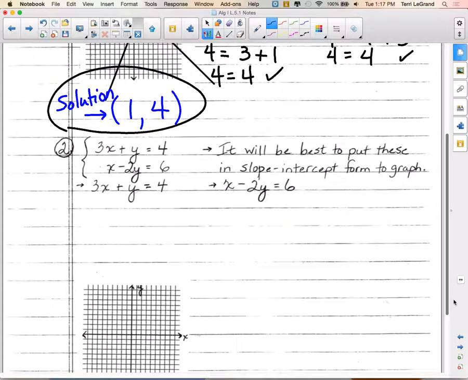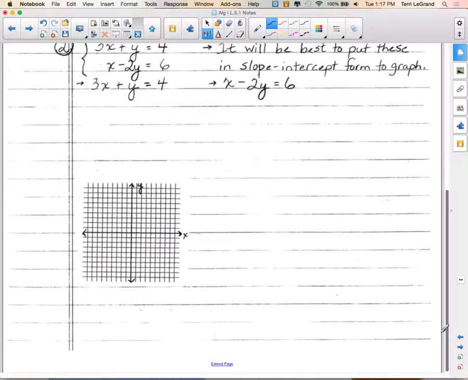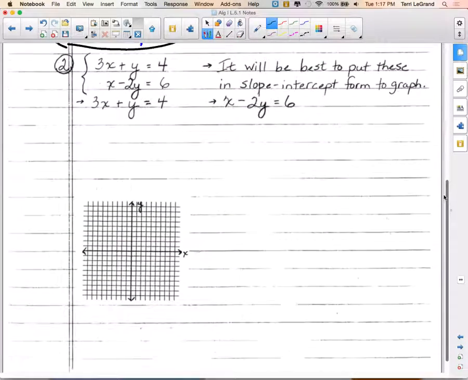If you're crazy enough to want to make a table for each of them, pick x values and get y values to help you get the graph, you could do that. Or you could use the x and y intercepts, but that only works when the intercepts are nice integer values. Otherwise, if it comes out to 1 2/5 for the x-intercept, I don't know if that will be so accurate. So I'm thinking that putting them in slope-intercept form should be the best choice, and we've been doing a lot of that.